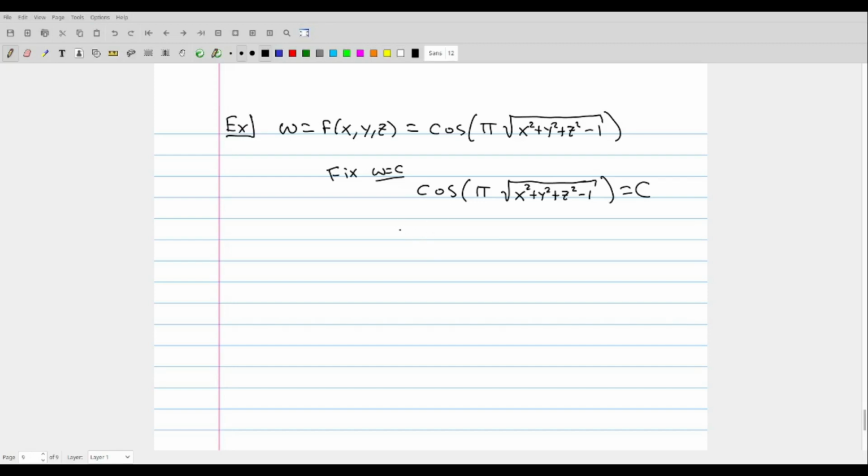And if we try to simplify this a little bit, we take the arc cosine of both sides to get pi times the square root of x squared plus y squared plus z squared minus 1 is equal to arc cosine, or inverse cosine, of c. And we divide by pi and square both sides to get that x squared plus y squared plus z squared minus 1 is equal to 1 over pi times arc cosine of c, squared.